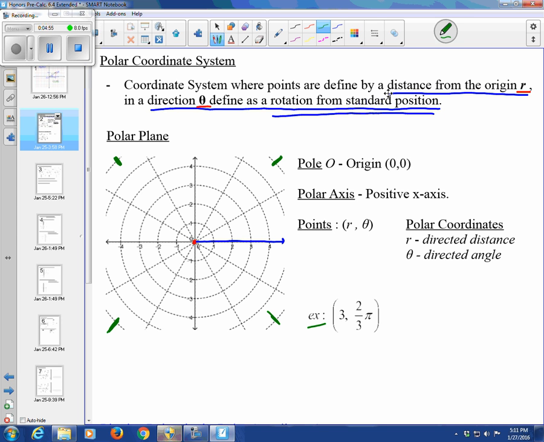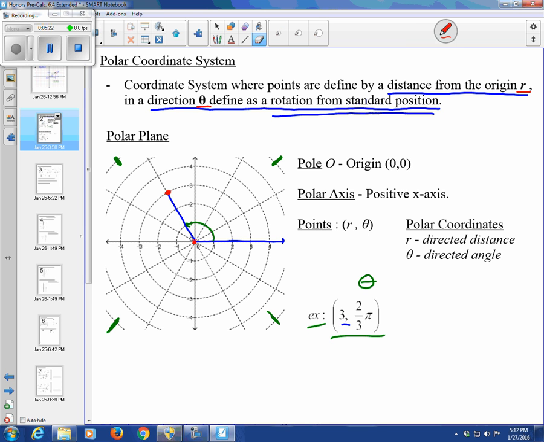So right here, first if we're going to plot this point, we would want to rotate theta in the direction of that point. So right here we're talking about a rotation of 2/3 pi, so that's a rotation all the way over into the first stop of our second coordinate, and then we would travel a distance of 3 in that direction. So we'd go out 3 units, and that defines our point's position with polar coordinates.